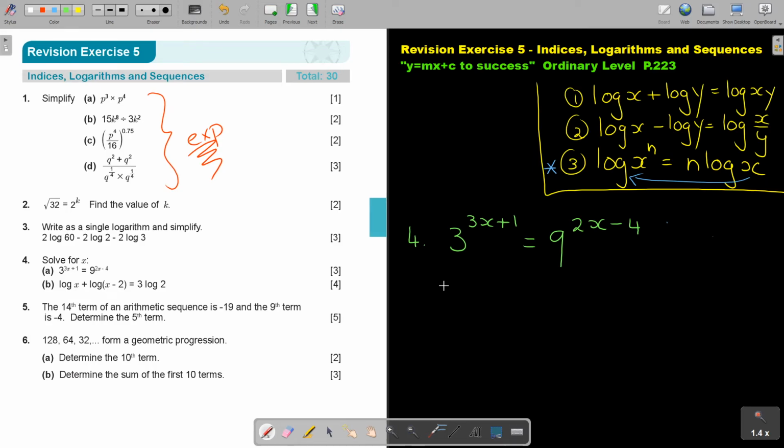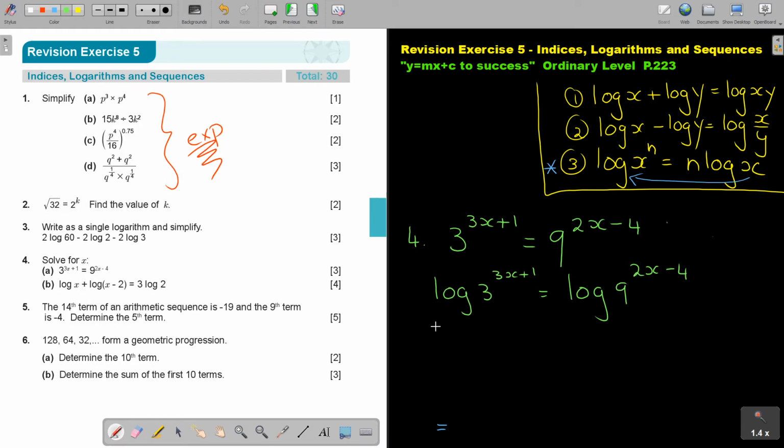So I put logs on both sides. Okay, then I follow my rule there. So I bring it in front.